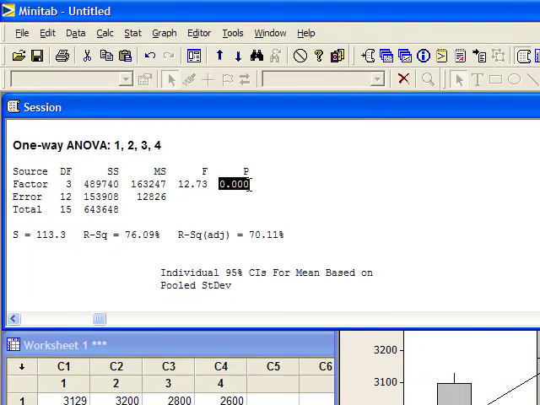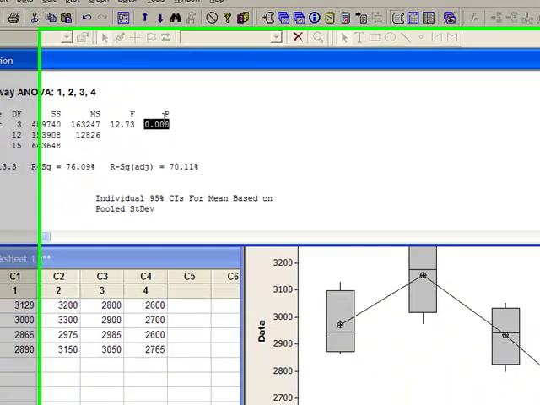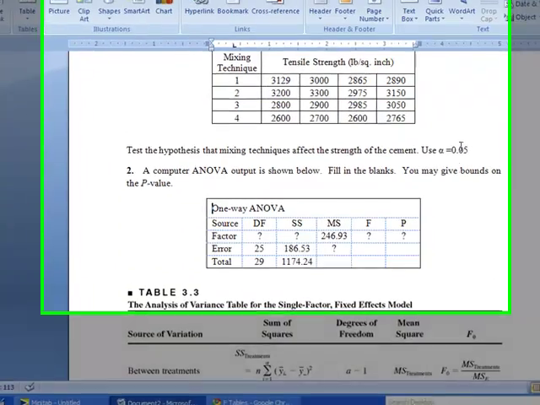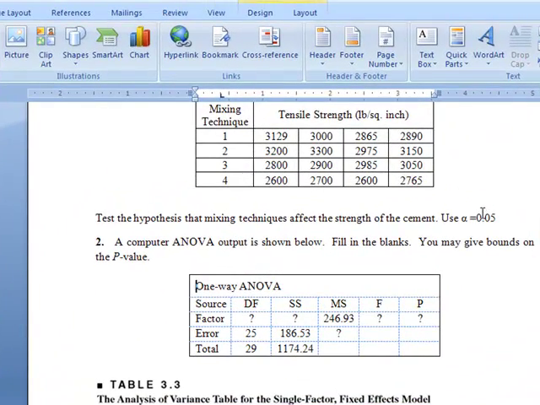Now you can see here the p value is very small, it's almost 0, right? So the p value is less than the value of alpha. Our alpha value is 0.05. So the p value is less than the alpha value.